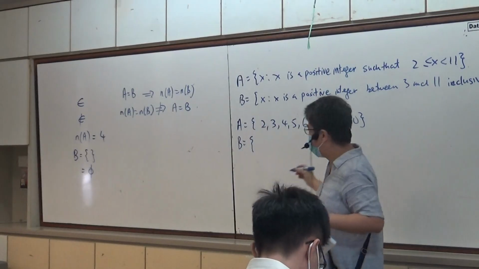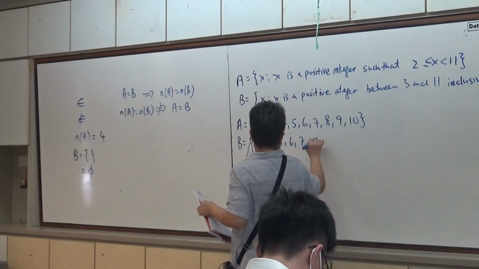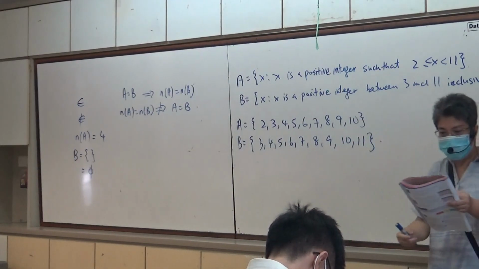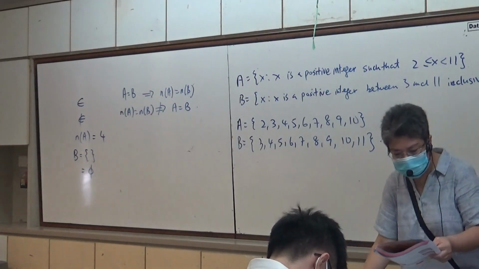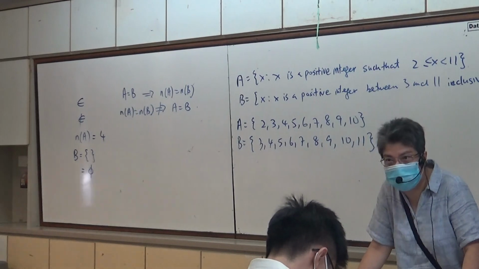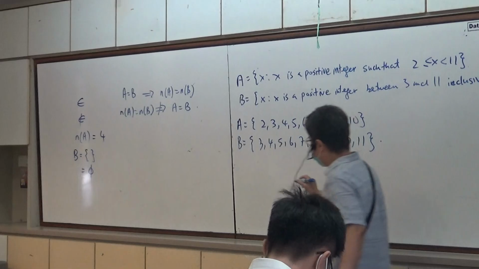Inclusive. So how? 3, 4, 5, 6, 7, 8, 9, 10, and 11. Are we clear about this? Yes, no problem.